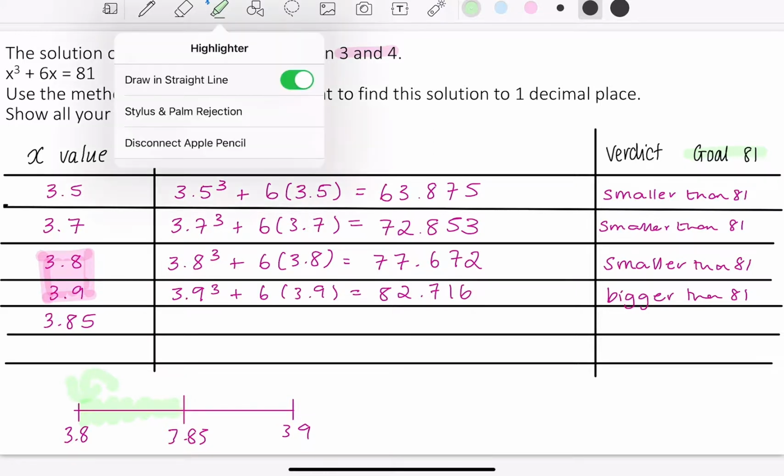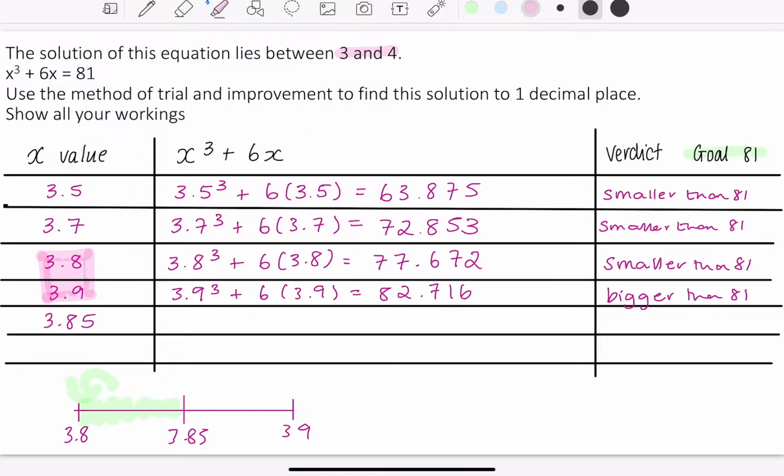If my solution, when I do 3.85, is too small, my solution must live here between 3.85 and 3.9, which would round up to 3.9 to 1 decimal place. We know 3.85 itself would round up to 3.9. So by doing this, it allows us to really accurately choose which one it would round to. So just by trying the middle, it tells us which side we need to be on.